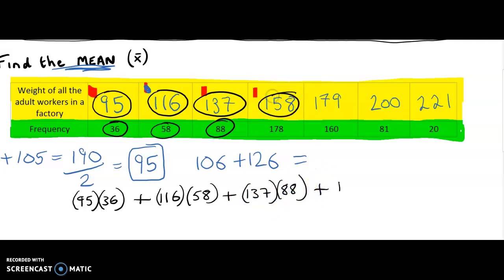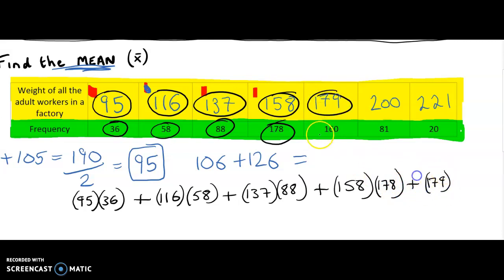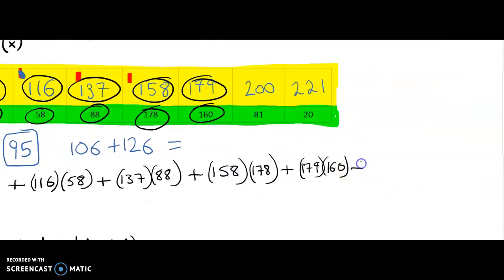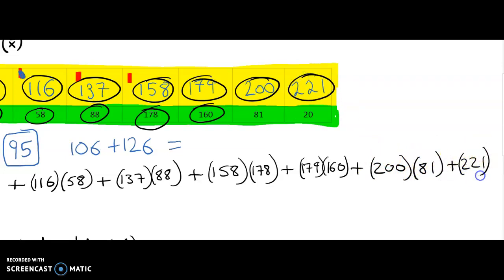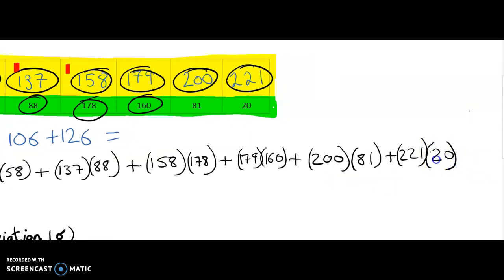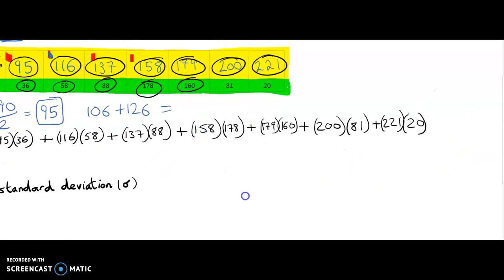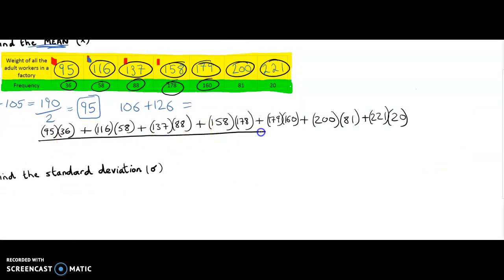plus top by bottom plus top by what's underneath it, the bottom, plus top by bottom plus top by bottom, all being divided by all of the bottom numbers added.